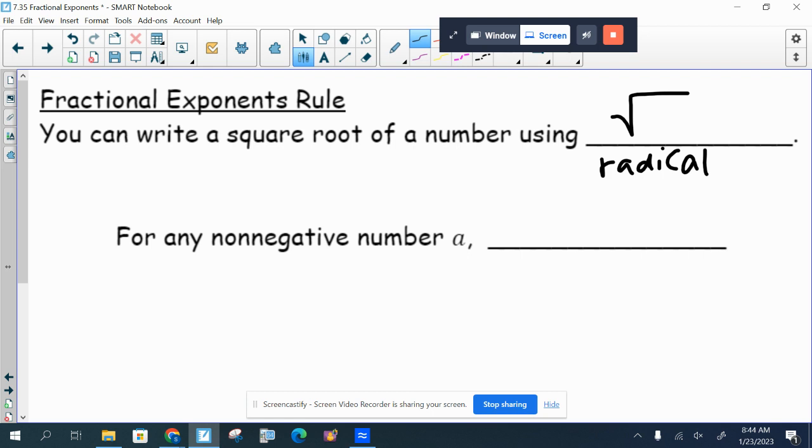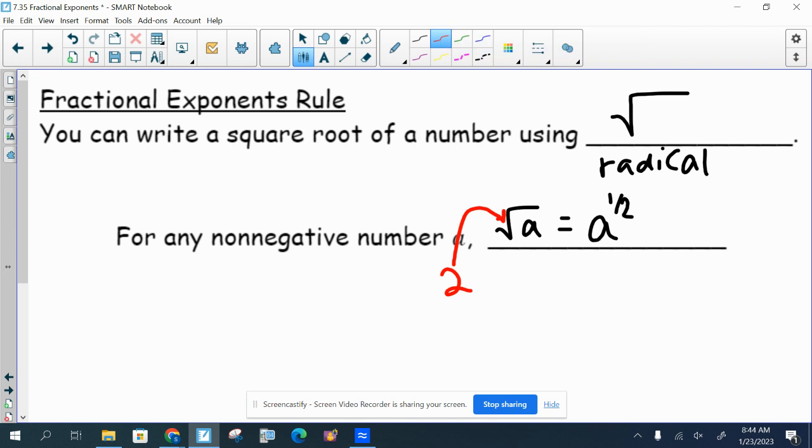For any non-negative number a, the square root of a can also be written as a to the 1/2, because, like I said, there's an invisible 2 under the radical.